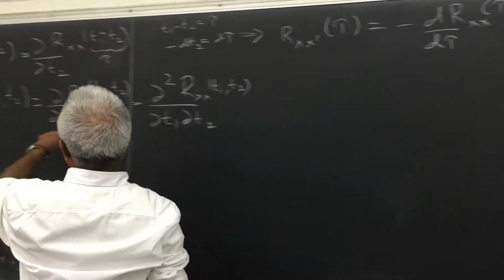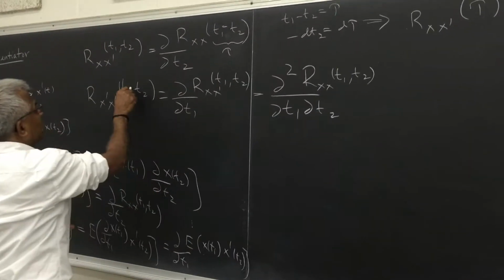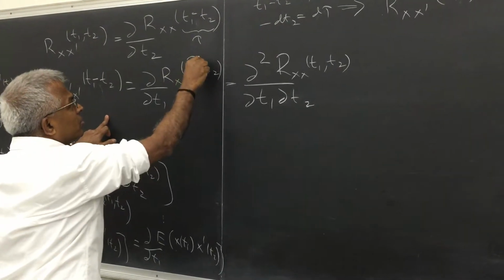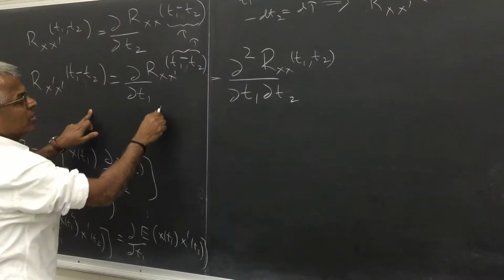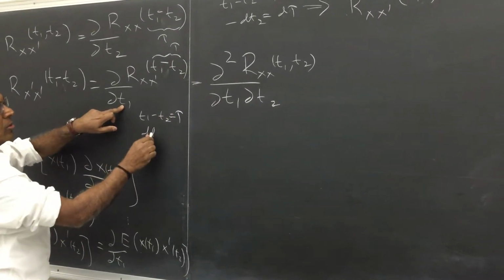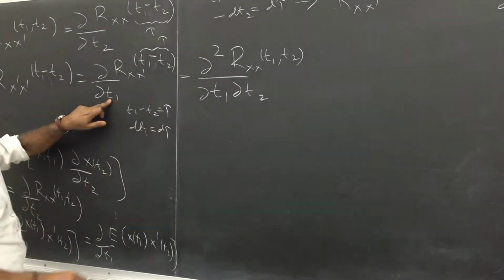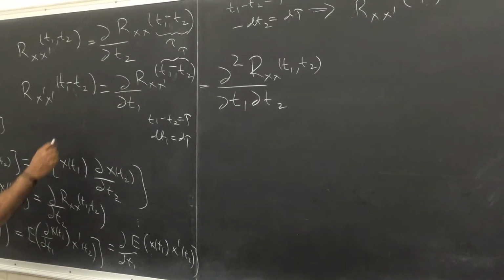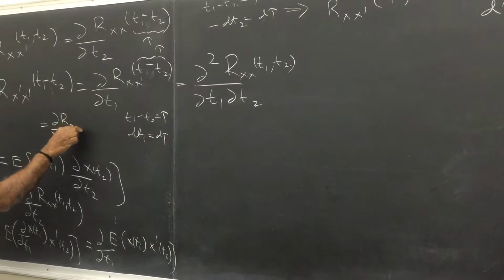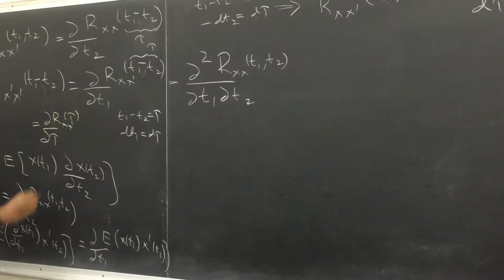And same thing here, this is a function of t1 minus t2. So here t1 minus t2 is tau, and the variable is t1, so dt1 is d tau. So this would read derivative with respect to tau of R_xx'(tau).